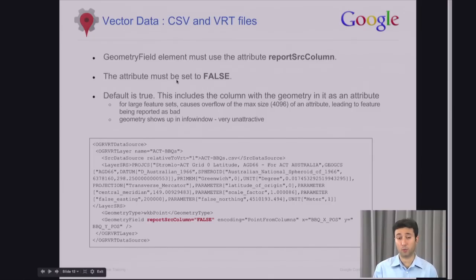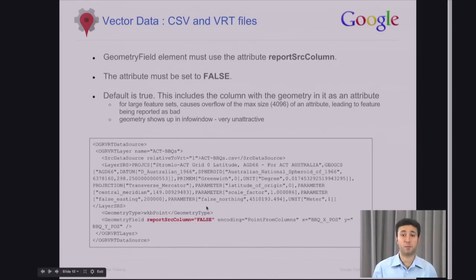And when working with this data format, there are two things to watch out for. First of all, the VRT file that is going to accompany the .csv file will have to have this attribute called report source column. And the next thing to make sure is this attribute must be set to false. Now, like I mentioned, this VRT file helps to read the spatial information that's available within the CSV file.